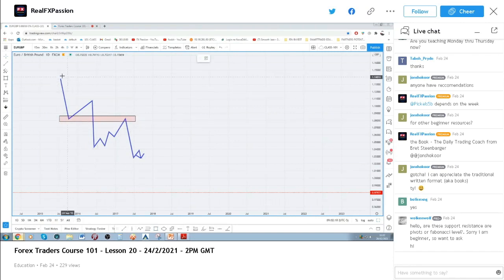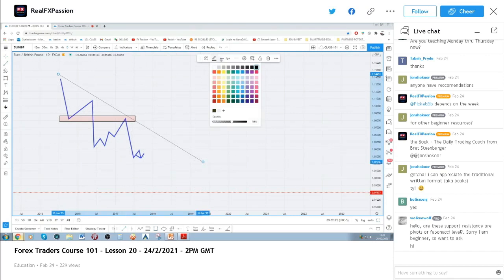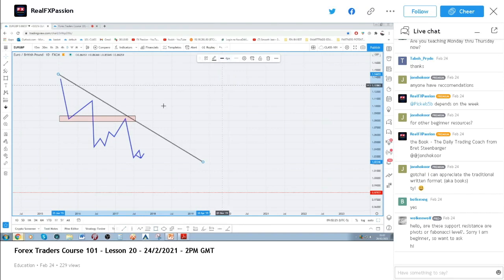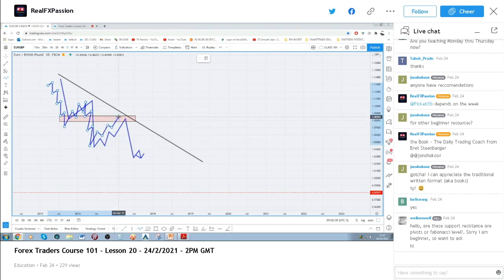The market is making lower lows, lower highs, lower lows, lower highs, lower lows, lower highs. In a retracement, higher highs, higher lows, higher highs, higher lows. Extension, lower lows, lower highs, lower lows, lower highs. Retracement.